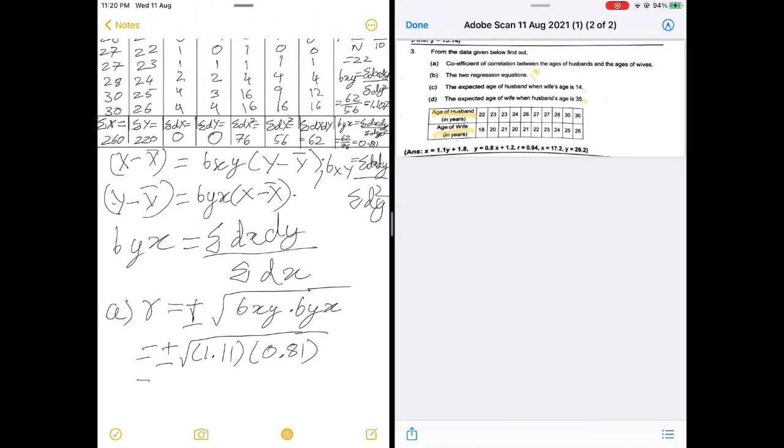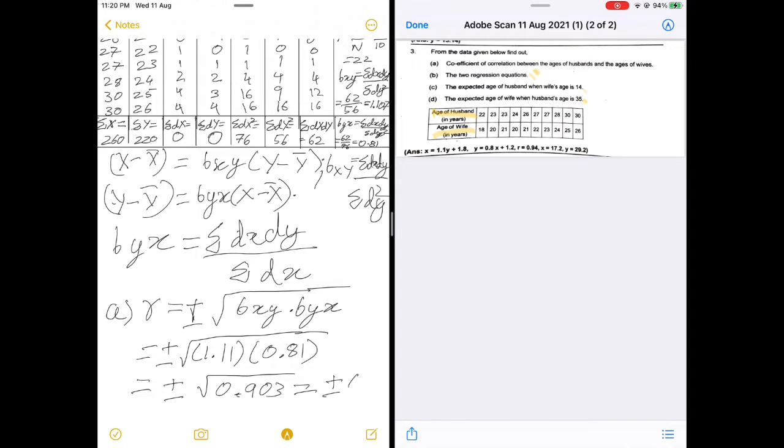plus minus root of 0.903. And when I take the square root, you have to use a calculator.